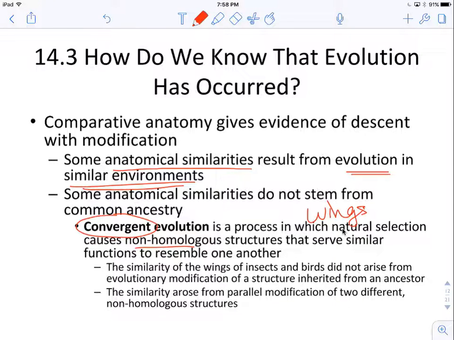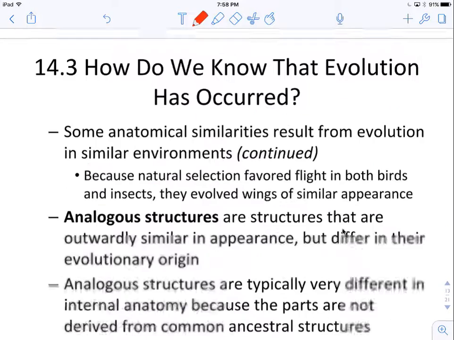If I asked you to draw a wing, you're all going to draw the same thing, because that's the best way to fly, with that structure. So they did not arise from evolutionary modifications from an ancestor. The similarity arose from a parallel modification of two different homologous structures, evolving them to perform the same function.